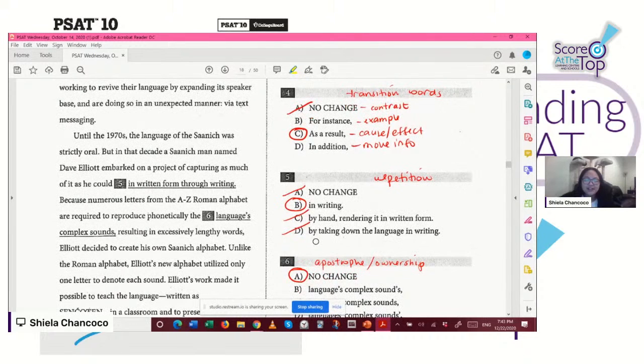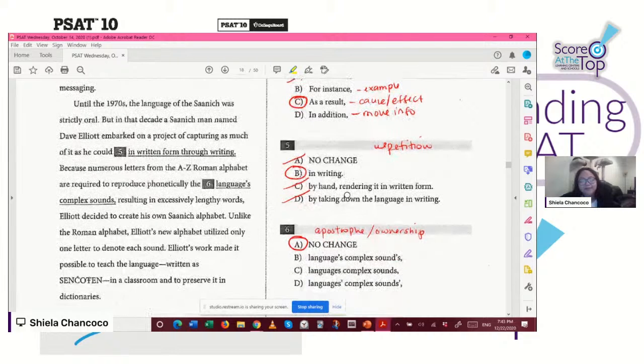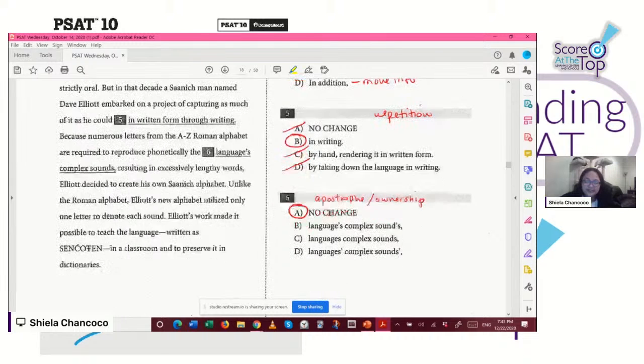So always look at the shortest answer and see if it works, but always read the rest and eliminate them. For this one, A, in written form through writing, by hand rendering in written form, you don't need to say that. By taking down the language in writing, those are repetitive words, the same thing over and over again. So that one's B for 5.